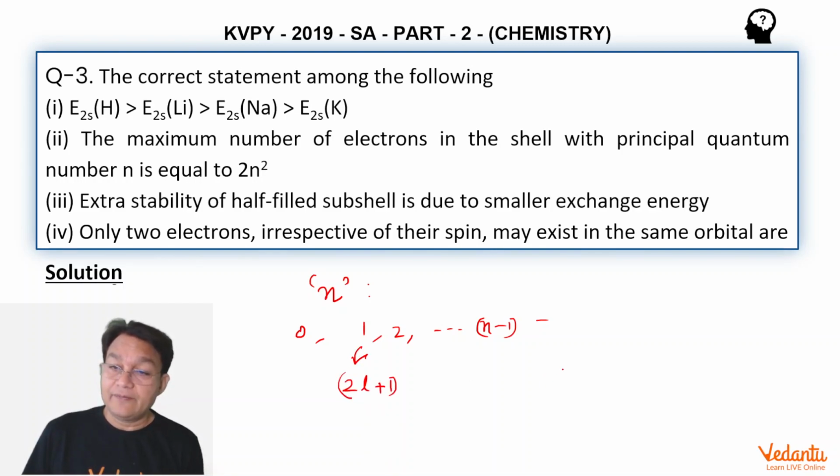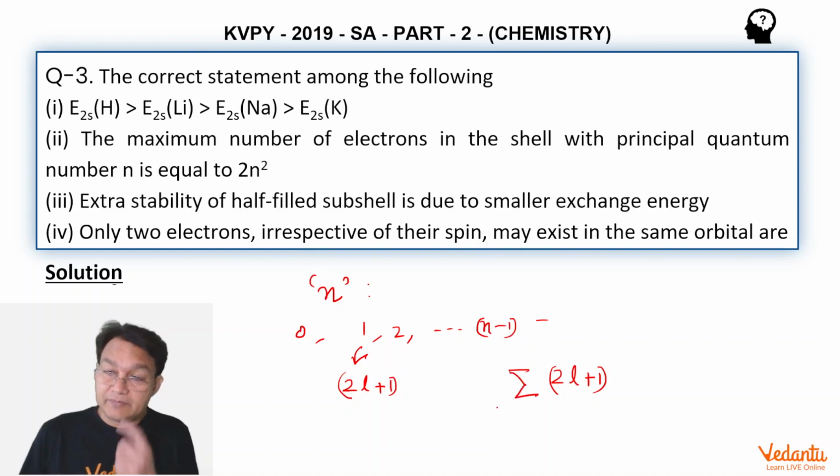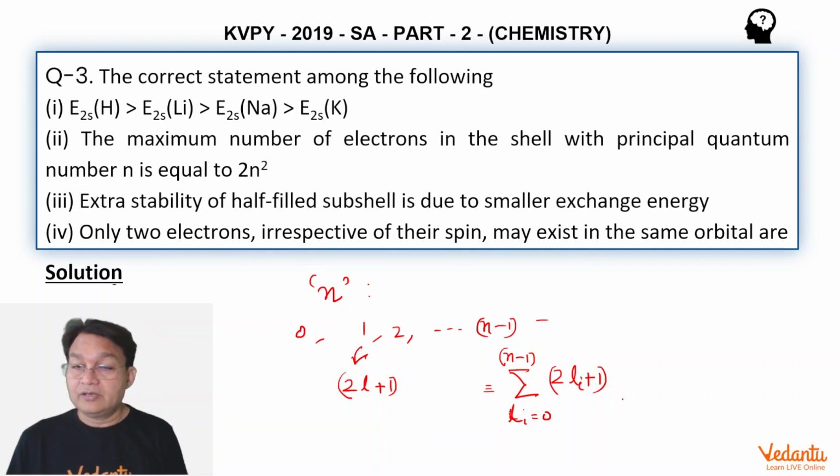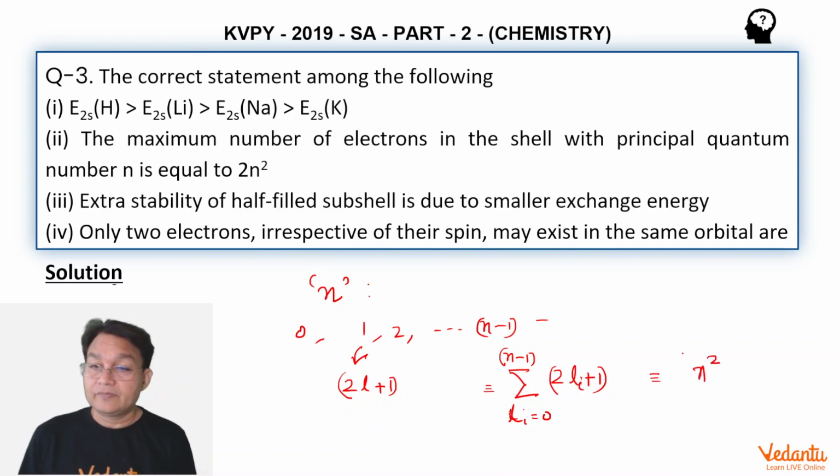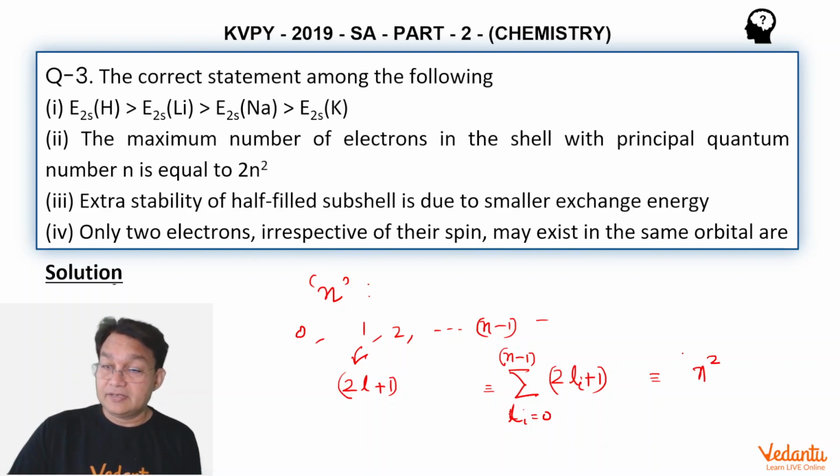So we have to sum 2l plus 1 for l from 0 to n minus 1. If you do this summation, you will get n square. Is it understandable?